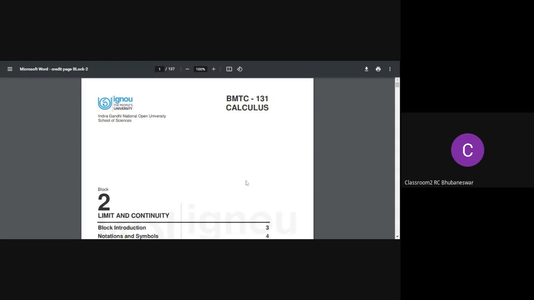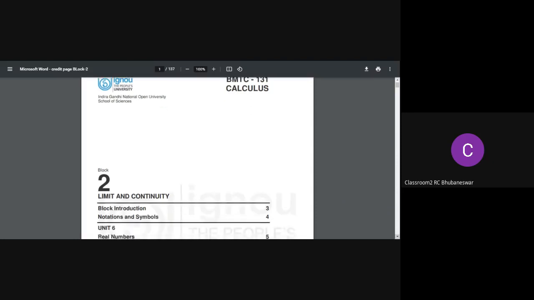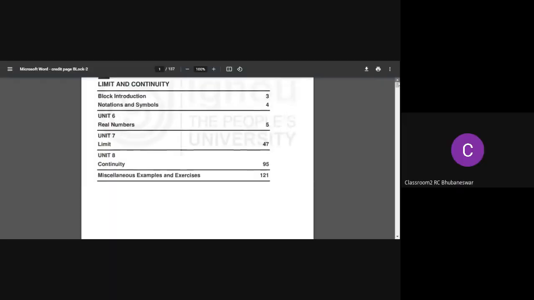So now let us focus on the basic outline of this block 2 module. Here basically we have to discuss the limit and continuity. In this block 2, the course design is as follows.